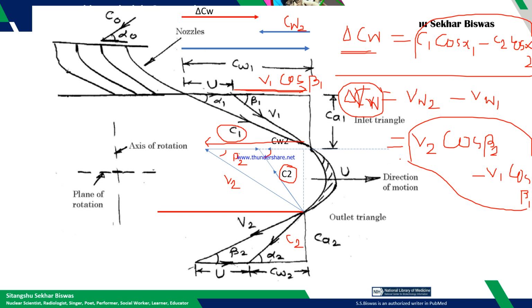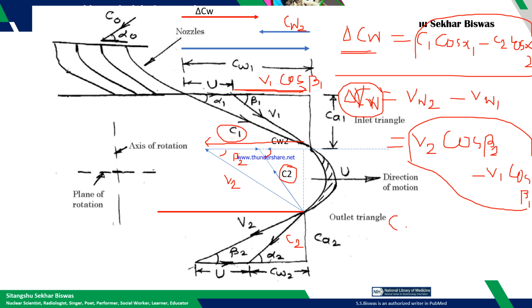Now if both are to be equal, if the degree of reaction is 50% and the remaining is from impulse effect, then this del CW should be equal to del VW. How is it possible from these two equations?